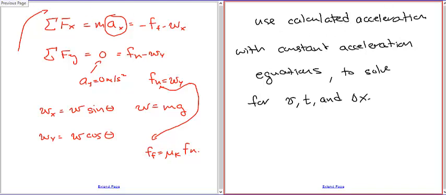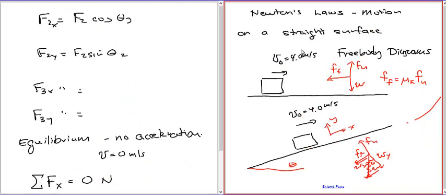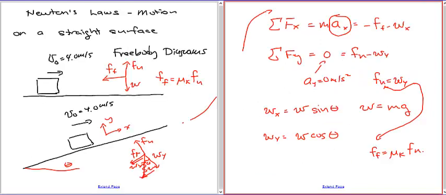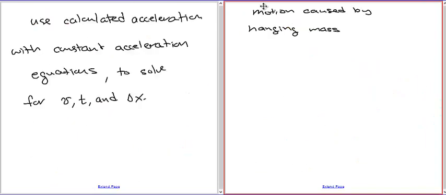Okay, so that's one class of problems, and there may be one or two of these where you have an object that's not interacting with another object. It's interacting with a surface, but not with another object. And then we have this third case, motion caused by a hanging mass. And we did that a lot in class. So there are a couple of scenarios there that we would do.